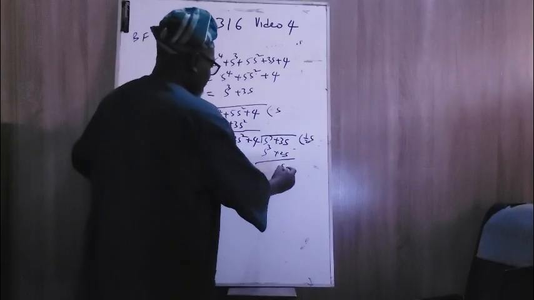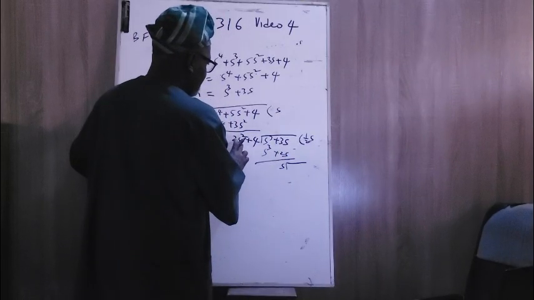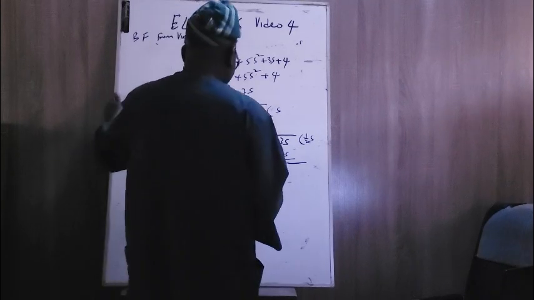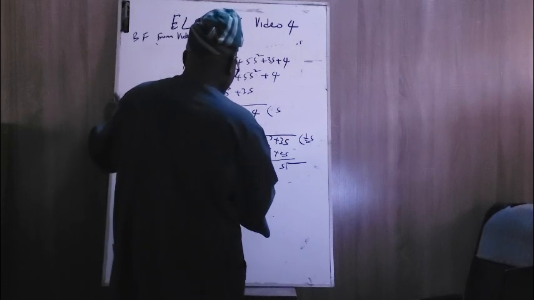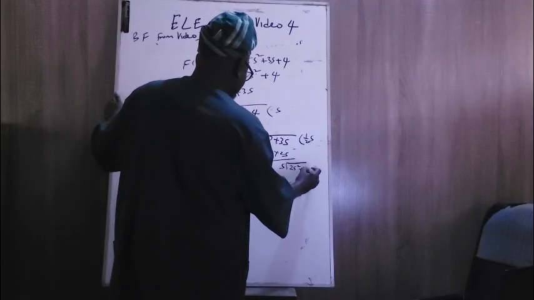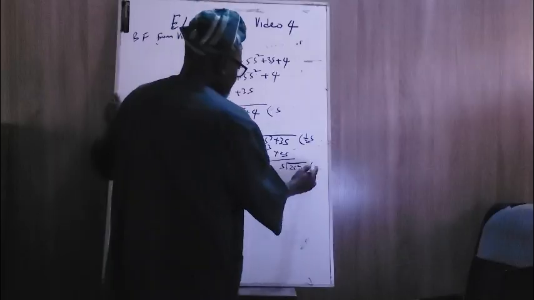And then the next thing we are going to do is to bring the previous one, which is 2s squared plus 4. So s into 2s squared, what are we going to have?